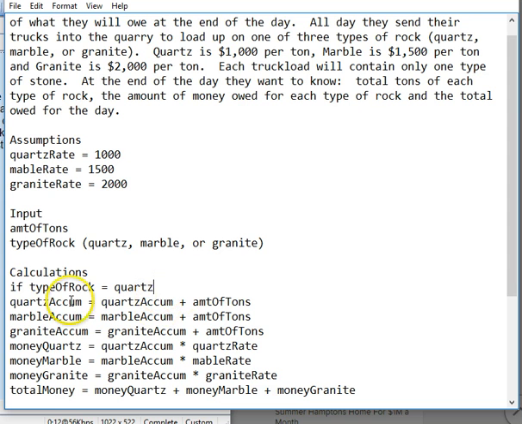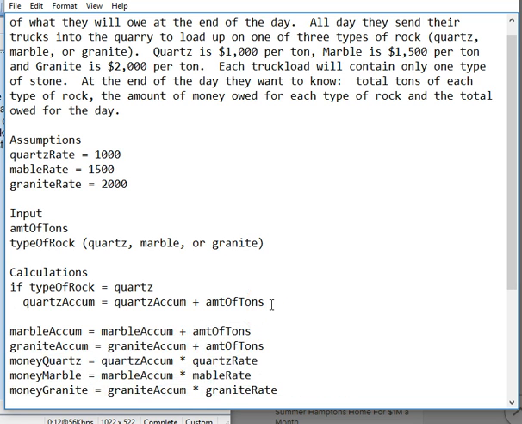Okay, if, then we're going to do the quartz one. And then we'll say else, and then I'm going to copy this, and actually, what am I missing here? Our quartz is going to have to be in quotes.